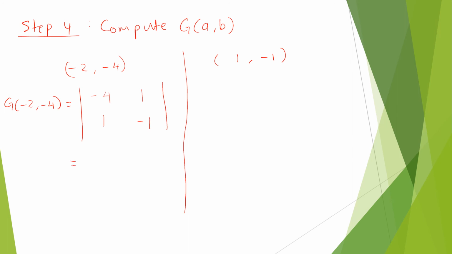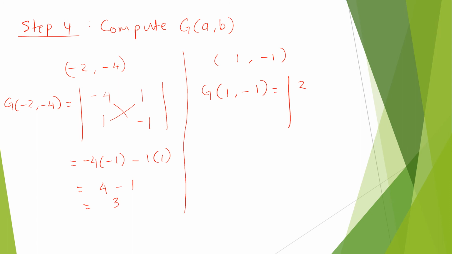Okay, so find the determinant. So -4 times -1 minus 1 times 1, which equals 4 minus 1 equals 3. Okay, so next find G at critical point 1, -1. Okay, fxx at 1, -1 is 2.